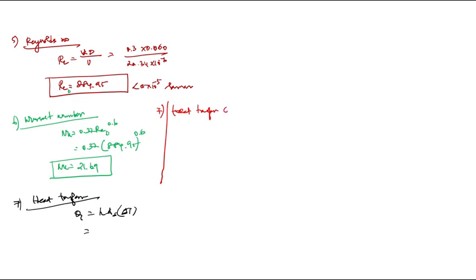So h is equal to Nusselt number, Nu equals hd divided by k, so h is equal to Nu into k divided by D. So Nu is 21.69 into k, which is already defined, 0.03006, divided by diameter 0.060. Then you find the h value, which is equal to 10.87 watt per meter square Kelvin.